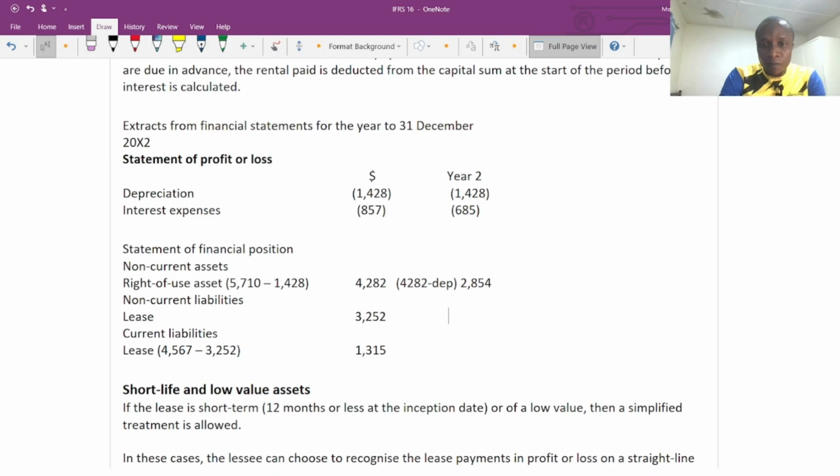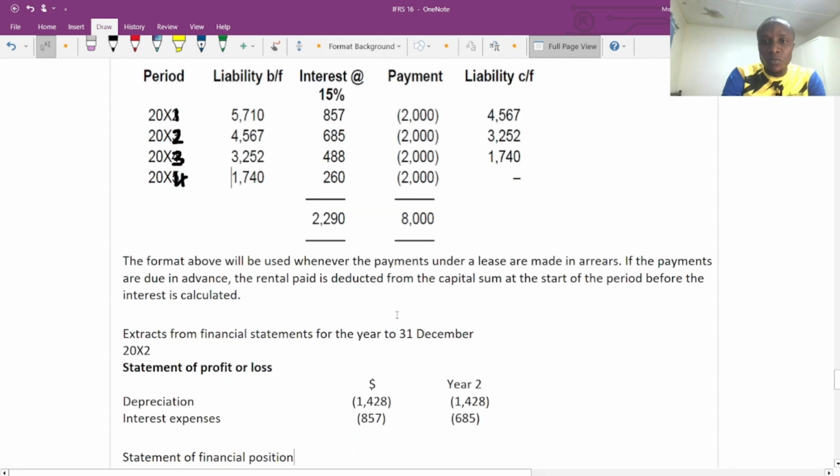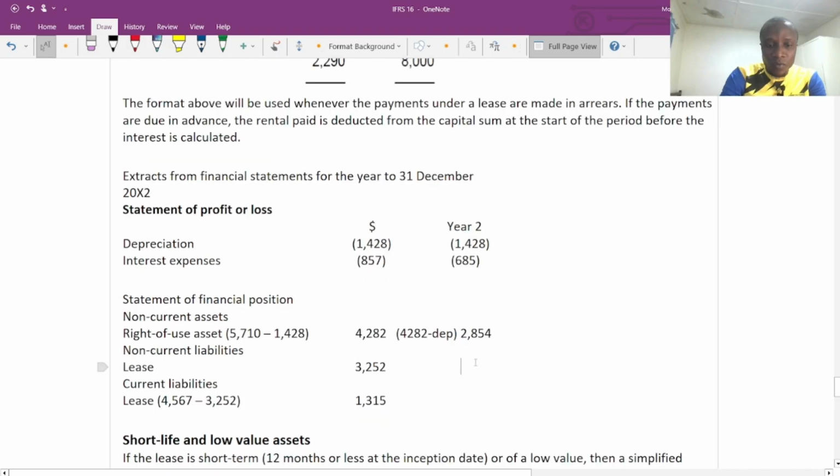Now we are going to take the year three liability, which is 1740. That will be the non-current liability. And the difference between the year two liability of 3252 minus 1740 will be the current liability. 3252 minus 1740 will give us 1512.